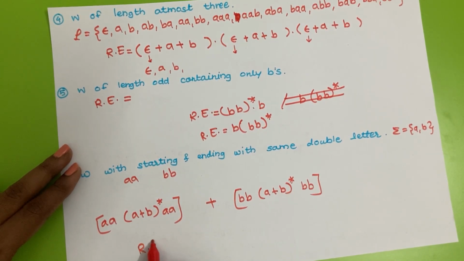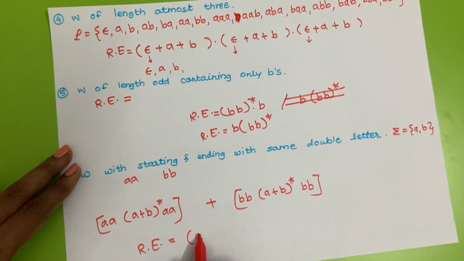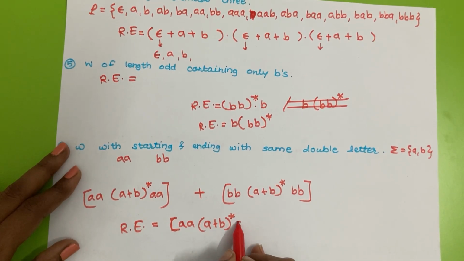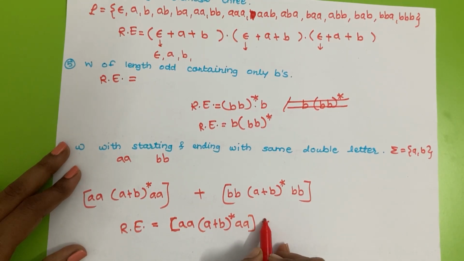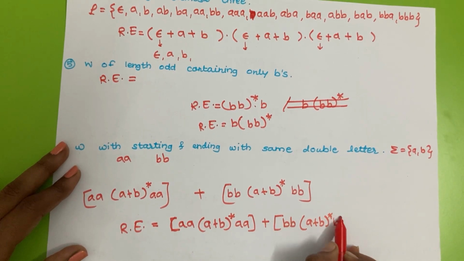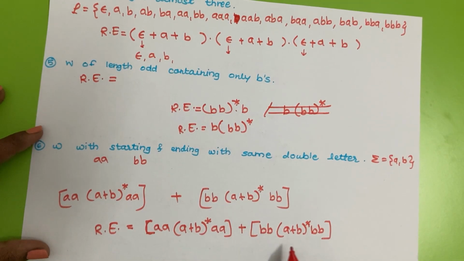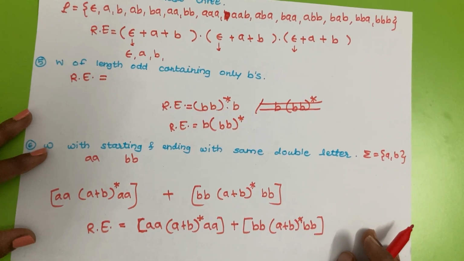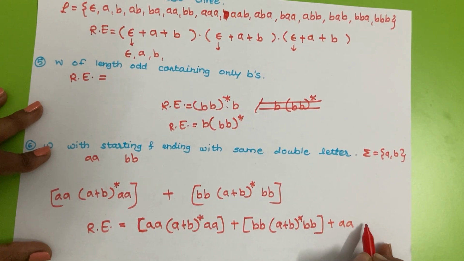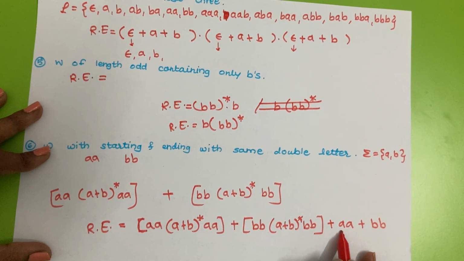So our final regular expression is AA (A plus B) star AA, plus BB (A plus B) star BB. Again this is our final regular expression, but we can also have the strings AA or BB, because this is both the starting and the ending of the string.